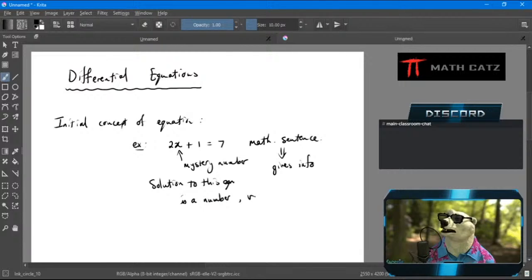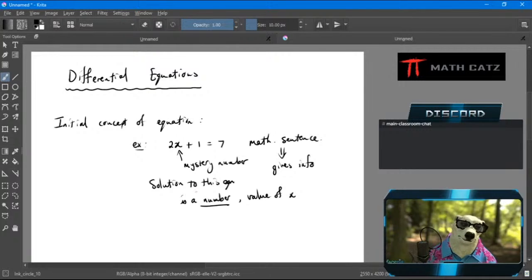More specifically, the value of x. Now, sure, in some equations, maybe like a quadratic equation, you can have more than one option for what this number is, but it's still a number.